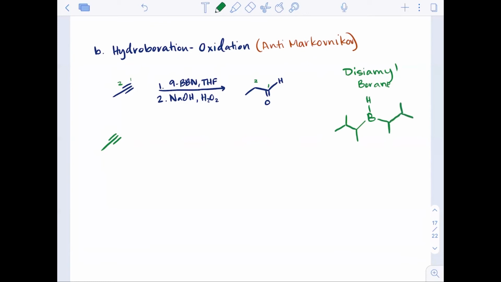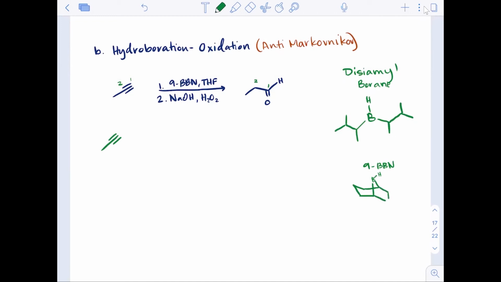There's dicyamyl borane. 9-BBN is a eight-membered ring that has a bridge in it, so it's a bridged bicyclic ring. And that bridged bicyclic ring has the boron to the hydrogen on it.